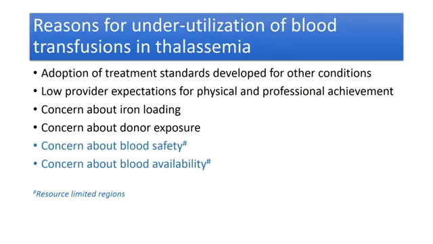Second, sometimes providers may not expect persons with thalassemia to achieve normal physical and professional accomplishments as the normal population does. There is also legitimate concern about iron loading, as well as concern about donor exposure. And finally, there's concern about blood safety and blood availability in many parts of the world as well.